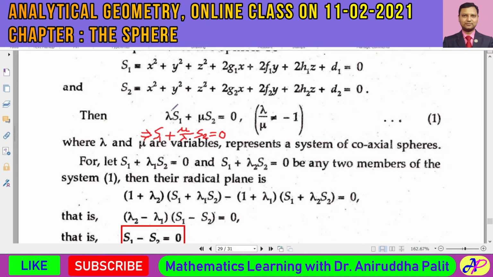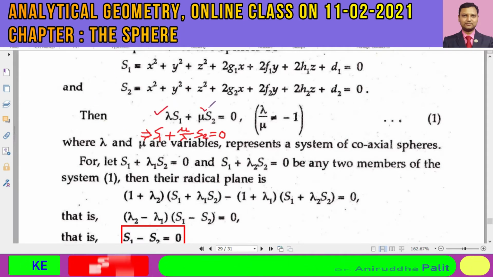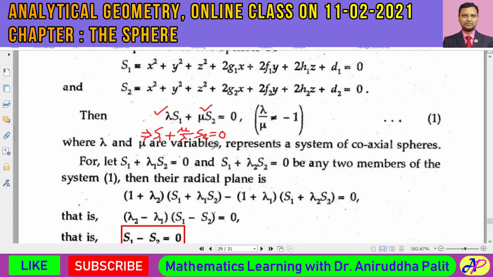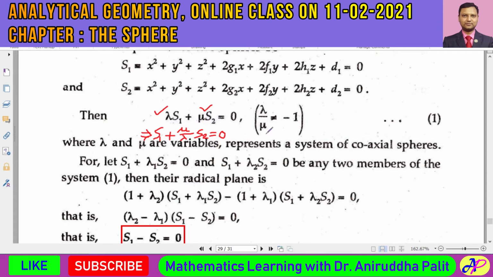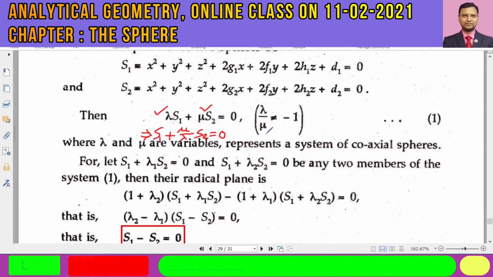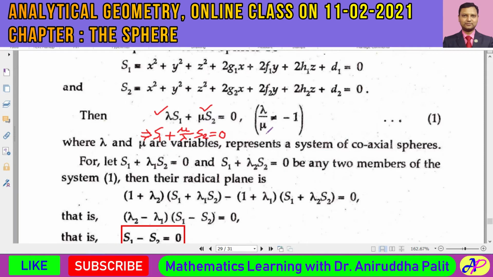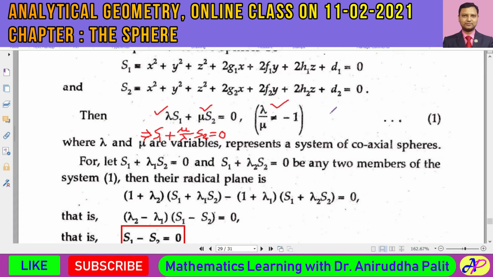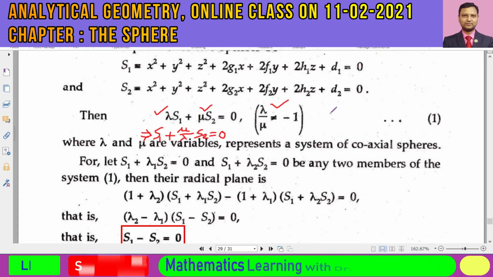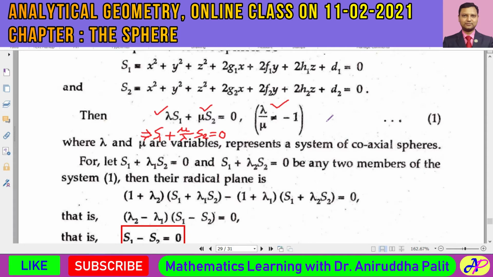Then one can prove that lambda s1 plus mu s2 is equal to 0 will form the equation of a sphere provided lambda by mu is not equal to -1. If by chance lambda by mu becomes equal to -1, then that relation will represent the equation of the radical plane.